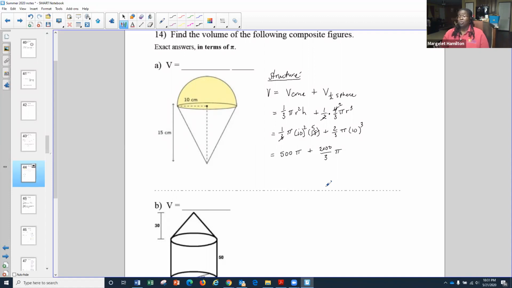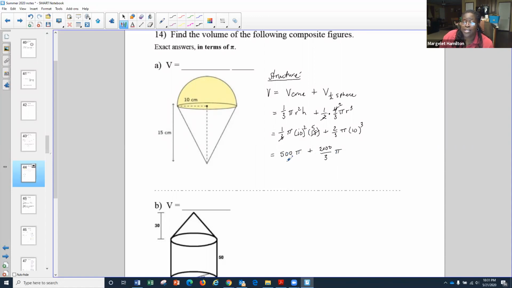So now we got to go old school. Old school, new school, I don't care what school you know, but we have to know that when we combine like terms in their fractions, they have to have a common denominator. We see that this denominator is a 1 already, but this is a 3. So our common denominator is 3.